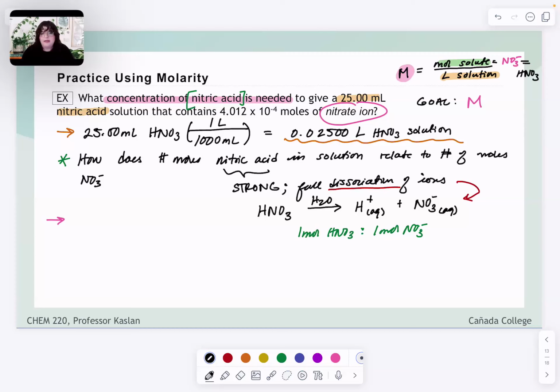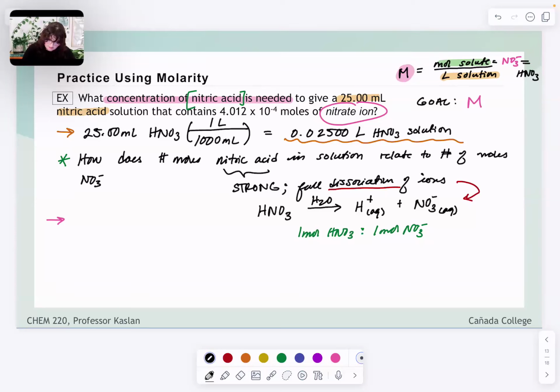If it was something else, where the mole ratio wasn't 1-to-1, but maybe 1-to-3, we would have to take that into account. But here, since everything is 1-to-1 in our dissociation stoichiometry, I can figure out my moles of nitrate ion.